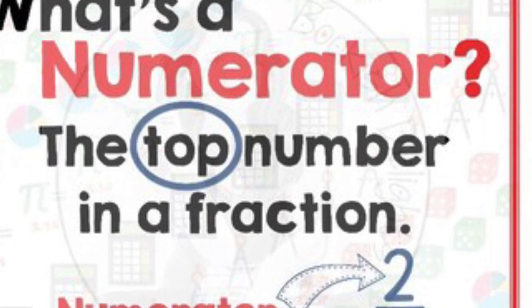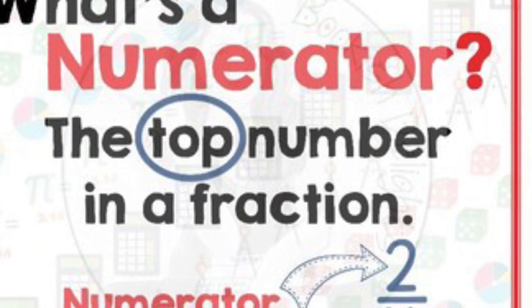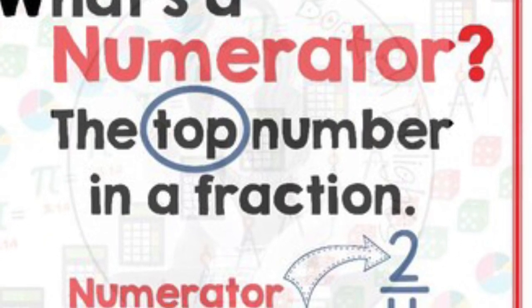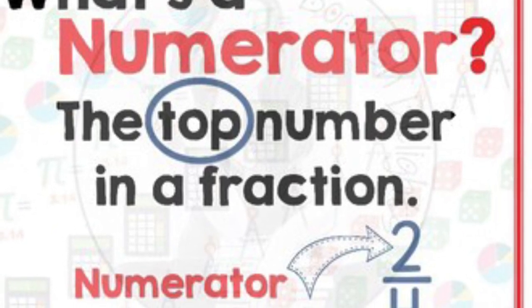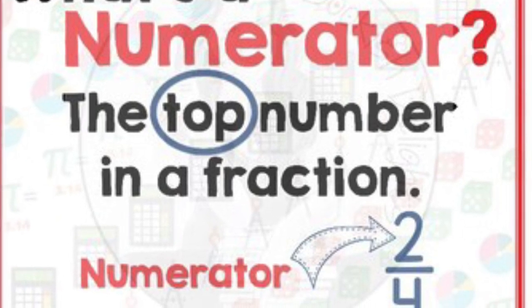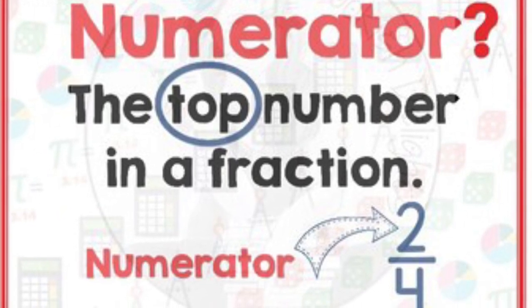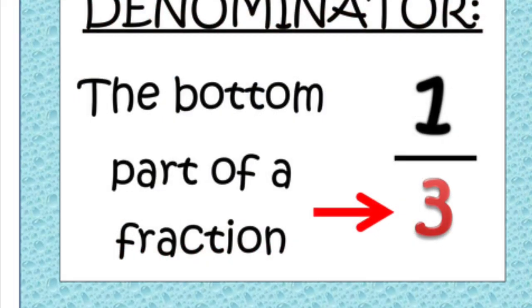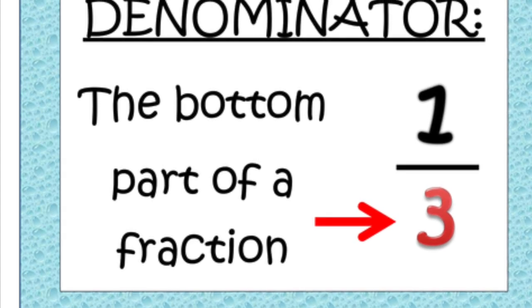Numerator, the number in a fraction that counts parts. It is the top number in a fraction. Denominator, the bottom part of a fraction.